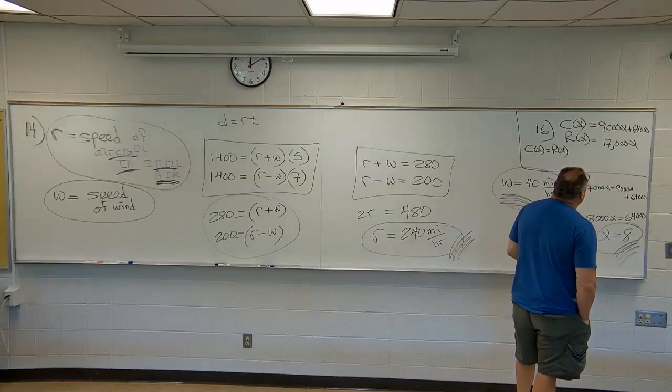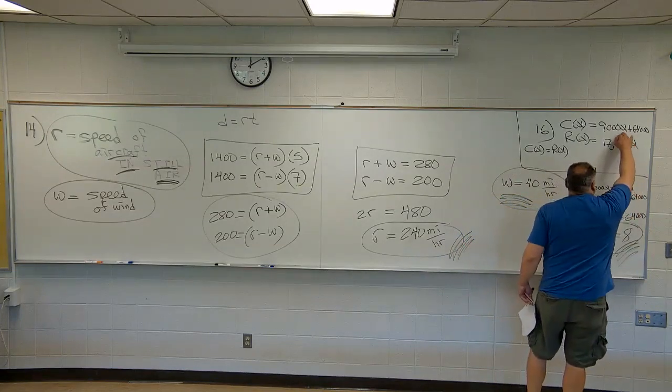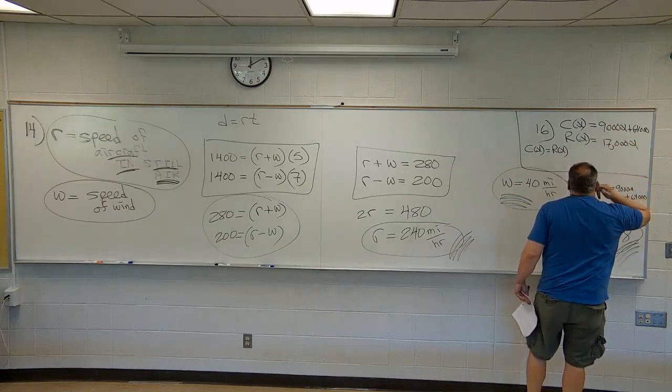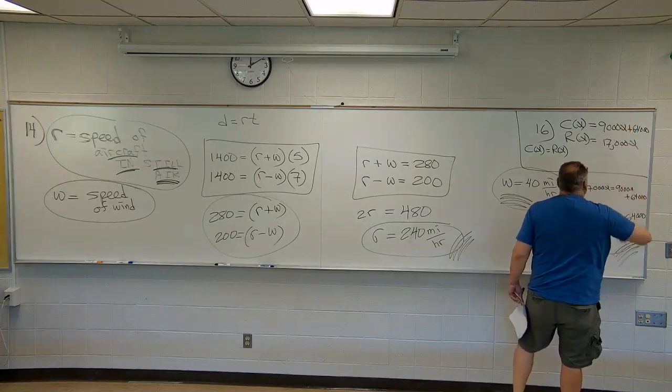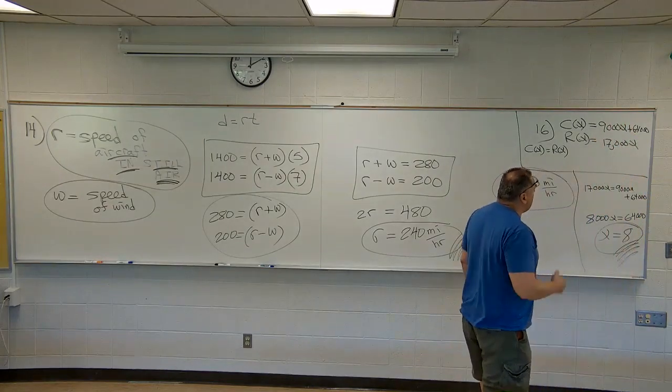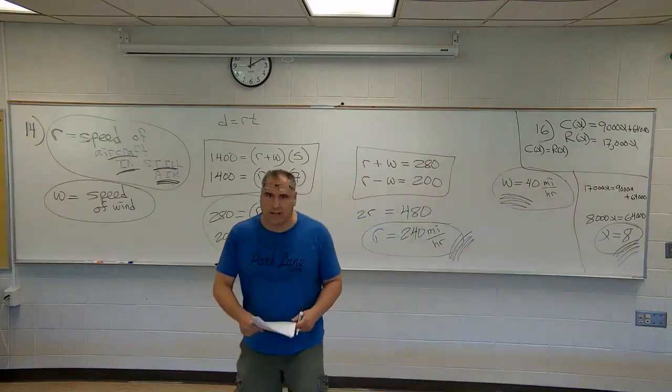You got the 8 right here. They break even at 8 units. If you go 9 units here, this is 9,000 more, but this is 17,000 more. Beyond the 8 units, you're going to make profit. Less than the 8 units, you're not going to make profit.